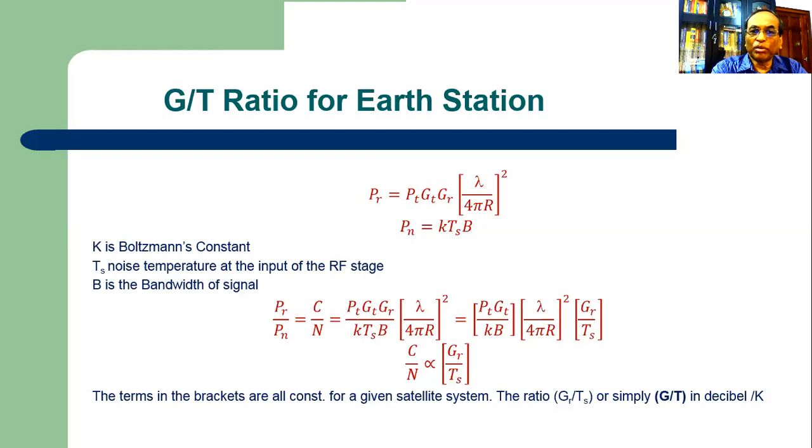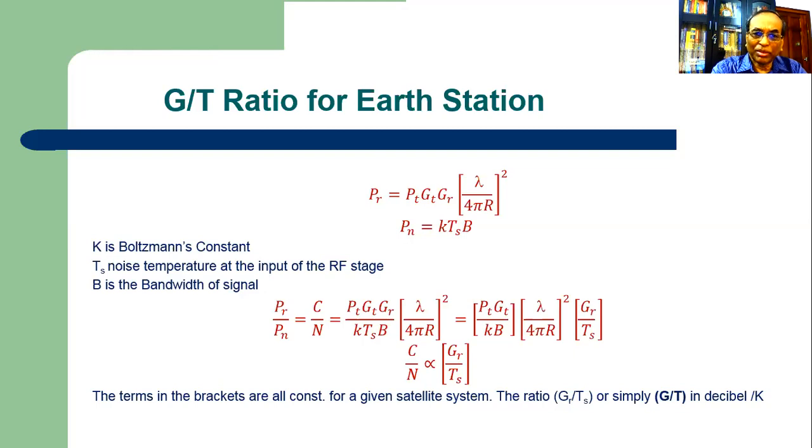So Pn equal to K TS B is the noise power, and PR is the received power at the receiving antenna. Then the ratio between these two will give you the signal to noise ratio, PR by Pn equal to C by N.